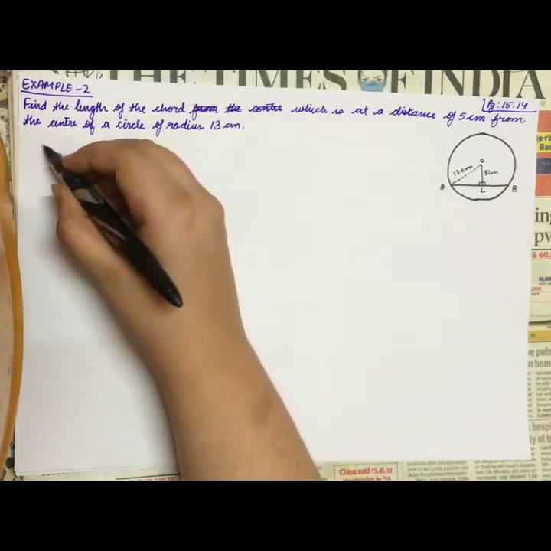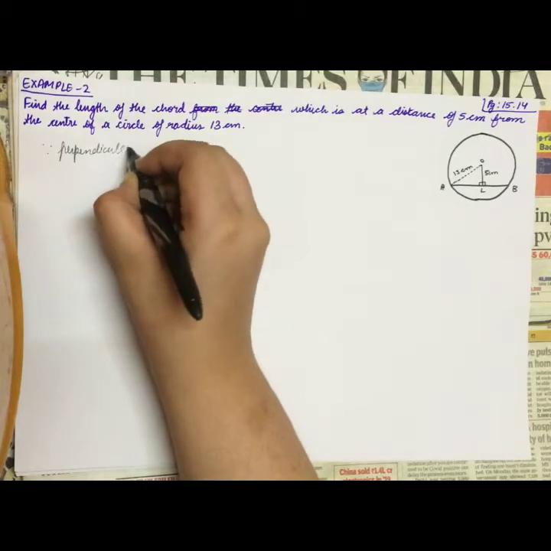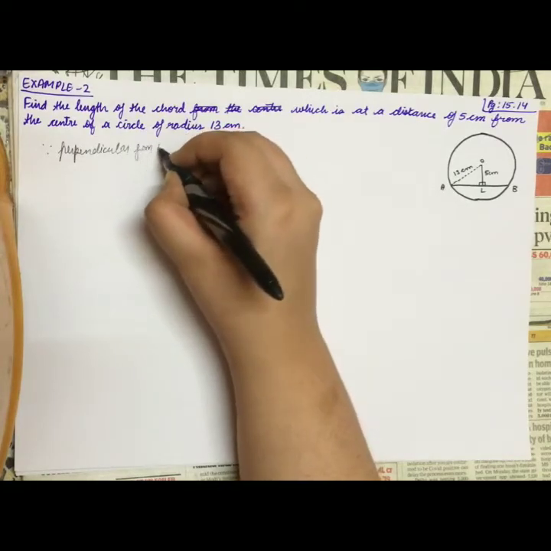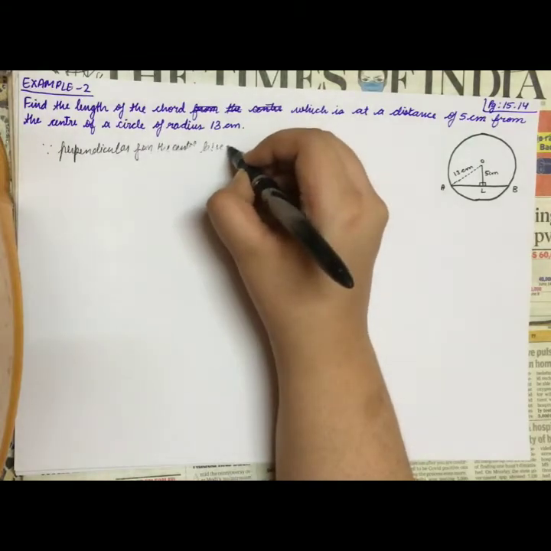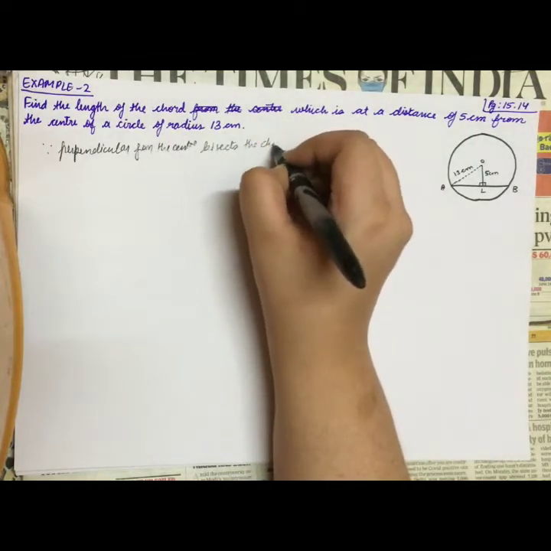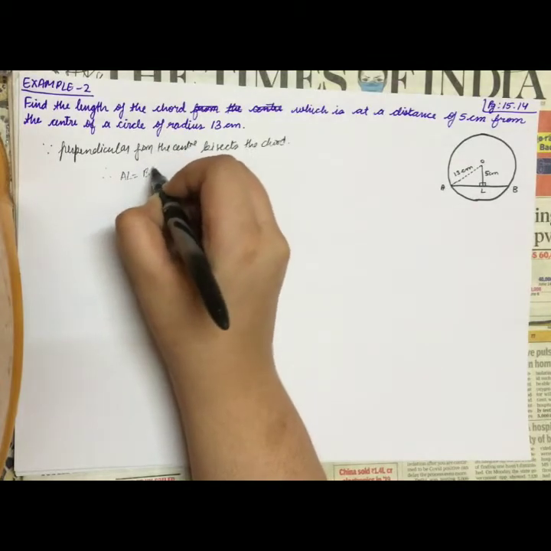Since the perpendicular from the center bisects the chord, therefore AL will be equal to BL.